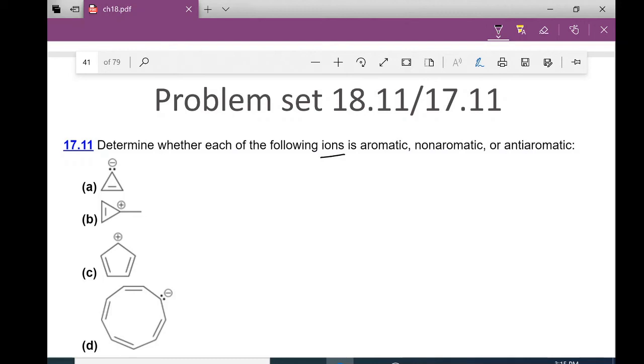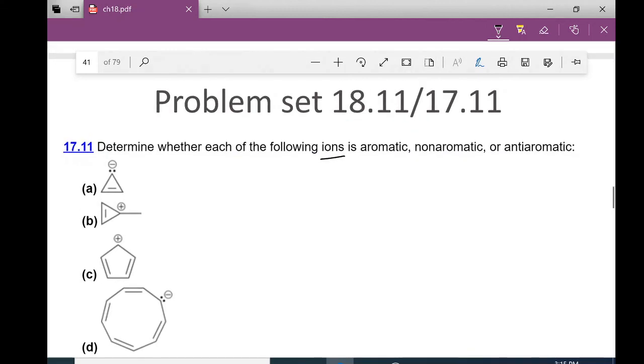Okay, so here we have this cyclopropenyl anion. So is this thing going to be aromatic, non-aromatic, or anti-aromatic?